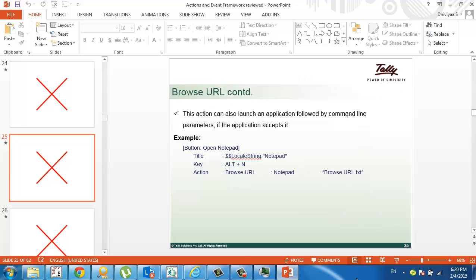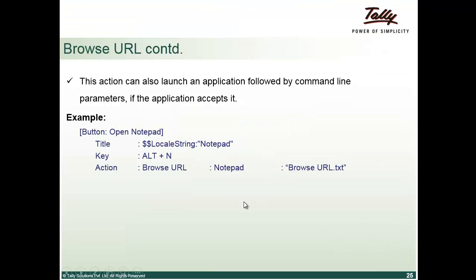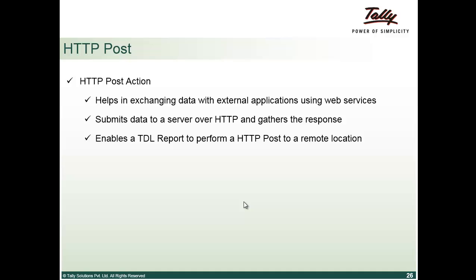So let's now move on to the next concept. So next there is something called HTTP post action. So what it does, it helps in exchanging data with external applications using web services, and it submits data to a server over HTTP and gathers the response, and it enables a TDL report to perform a HTTP post to a remote location.